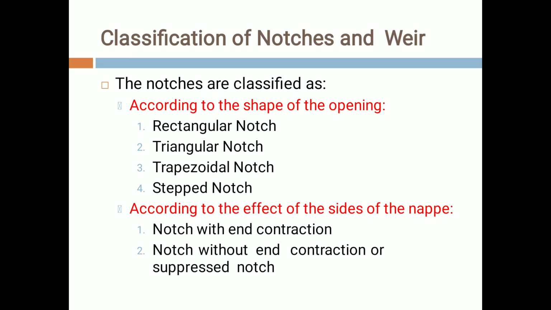As per the shape of the opening, they are classified into 4 types: rectangular notch, triangular notch, trapezoidal notch and step notch. On the basis of the effect of the side on the nappe, they may be classified into two types: notch with end contraction and notch without end contraction, or simply suppressed notch.